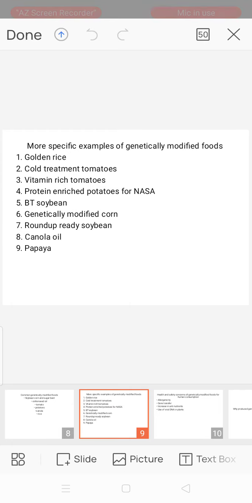Next one, papaya. Papaya cultivation is threatened by papaya ring spot virus, a disease that sharply lowers the fruit yield. The University of Hawaii developed a ring spot virus disease resistant papaya.